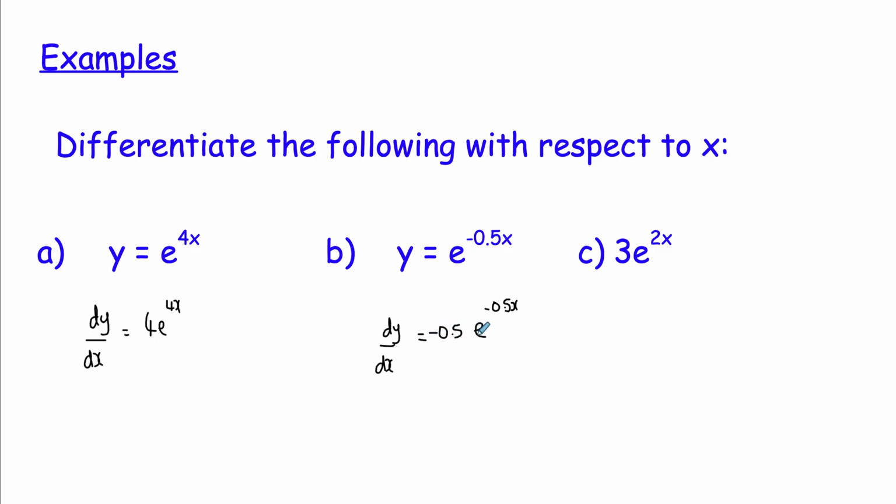So negative 0.5 e to the negative 0.5x. And for the third one, we've got 3 lots of e to the power of 2x, and that is going to be 3 lots of e to the power of 2x, but we're going to need to times by 2 as well. So that will become 6e to the 2x.